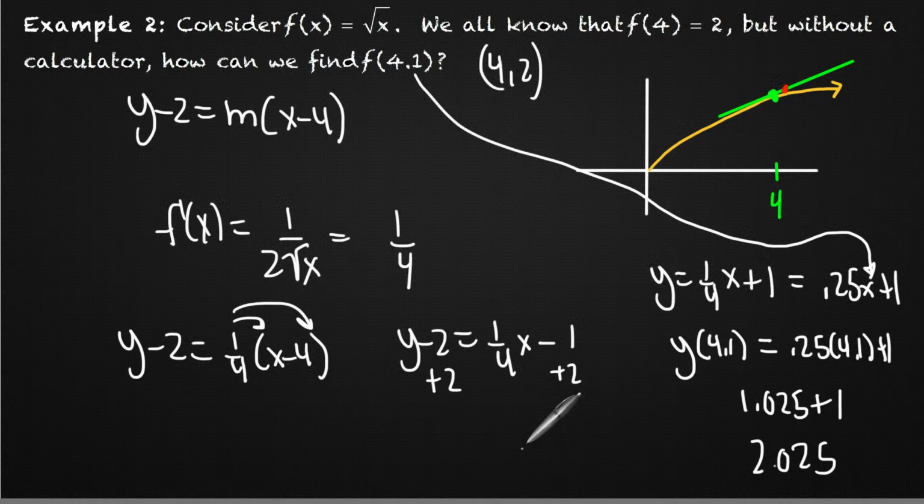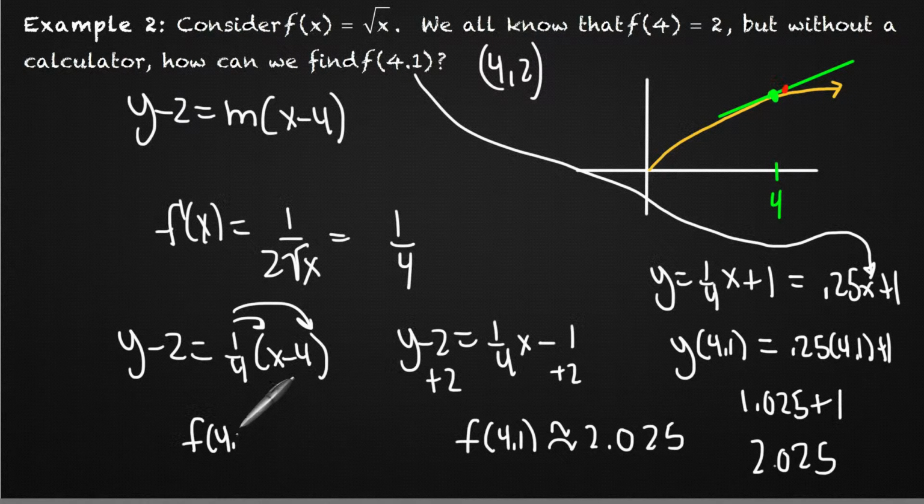So basically what we can say is that f of 4.1 is approximately 2.025. But if we use a calculator and get the real value by plugging in the square root of 4.1, we will find that that value is 2.0249. Hey, look how close our approximation was, 2.025 and 2.0249.